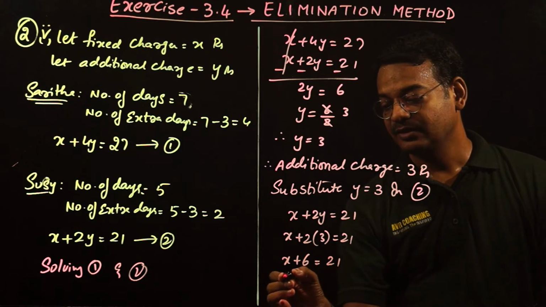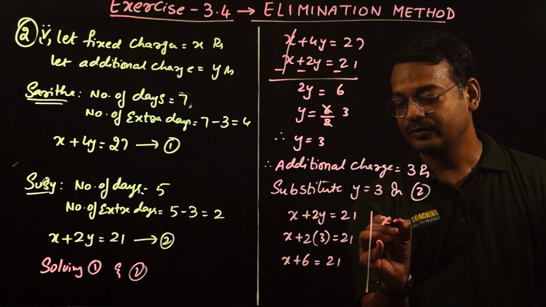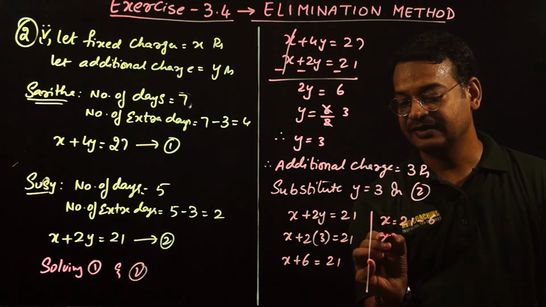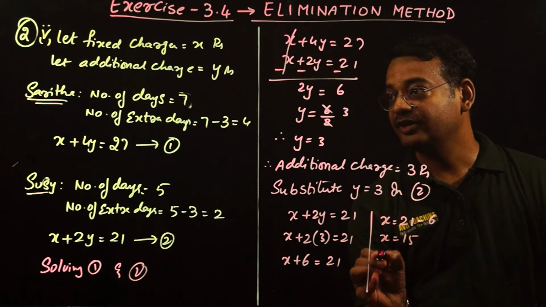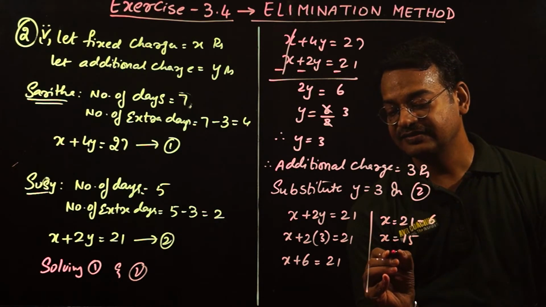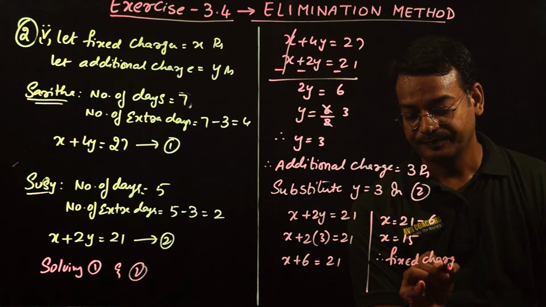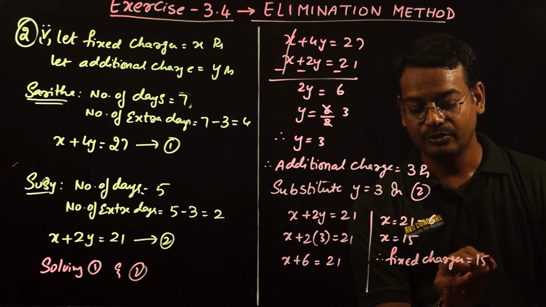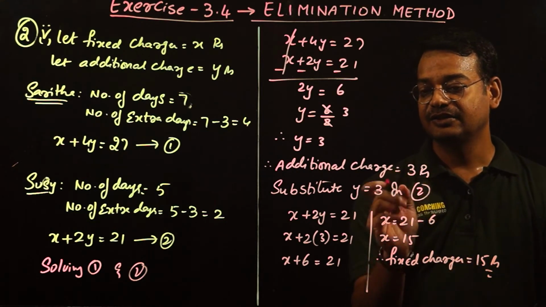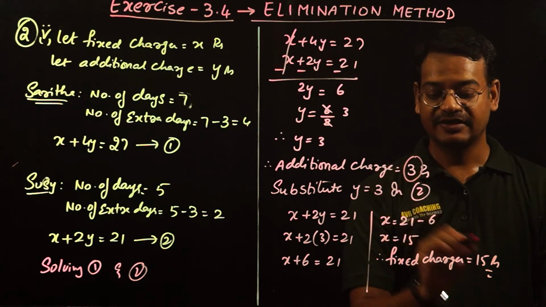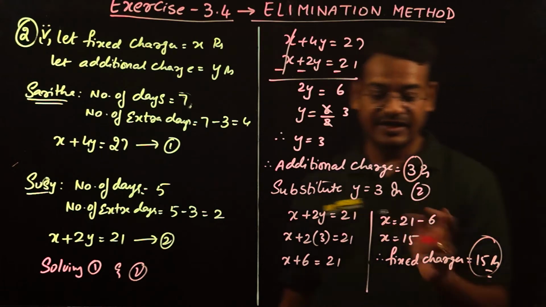So x equal to 21 minus 6, x equal to 15. Therefore the fixed charges are 15 rupees and the extra charge is 3 rupees. So these are the answers, 3 and 15 rupees.